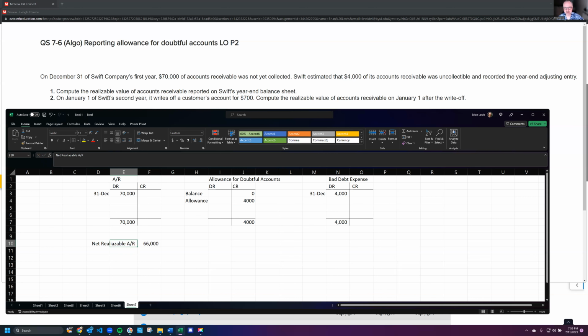On January 1 of Swift's second year, it writes off a customer's account for 700. Compute the realizable value of accounts receivable on January 1 after the write-off. So on 1/1, they took 700 out of here and they put it over here, right? $700 after the write-off.